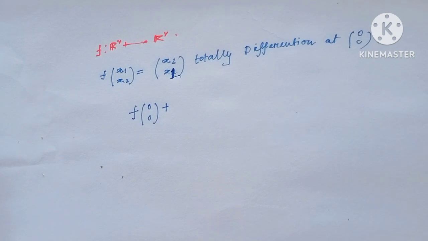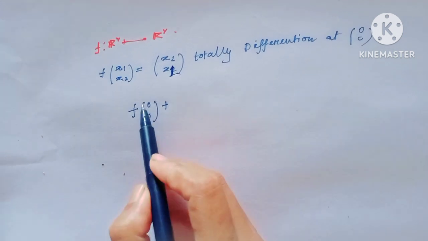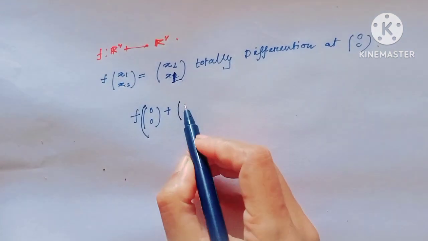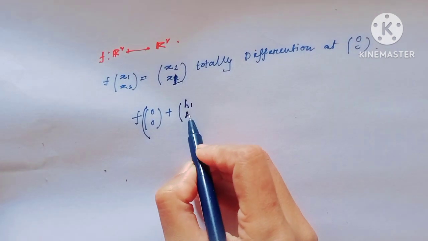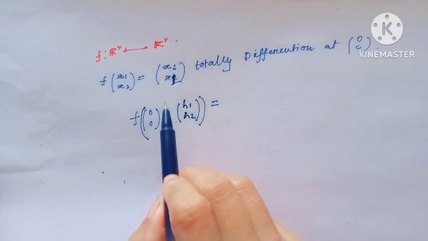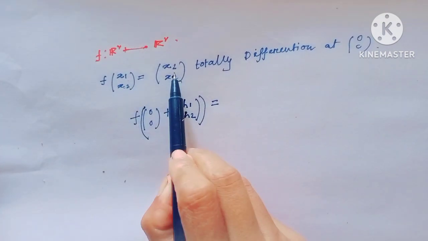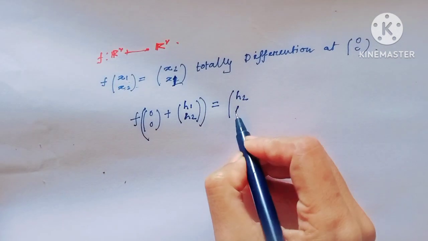We have to prove f is differentiable at the point 0, 0. For this, f of (0, 0) plus (h1, h2) equals, since x1 maps to x2 and x2 maps to x1, this maps to h2, h1.